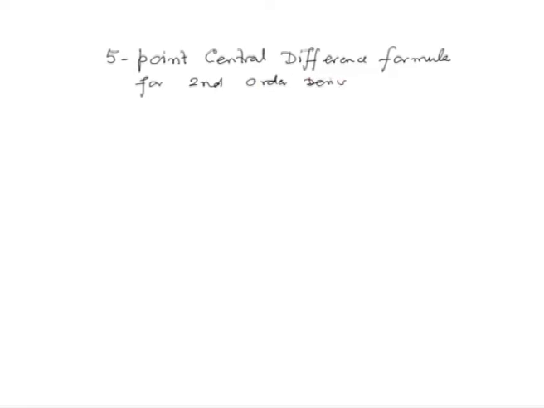So let's take a 5-point central difference formula. We will do part of the derivation, and part will be left to you as an exercise. Okay, so we want to find a 5-point central difference formula for the second order derivative.